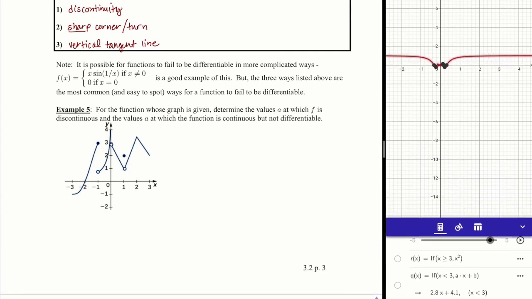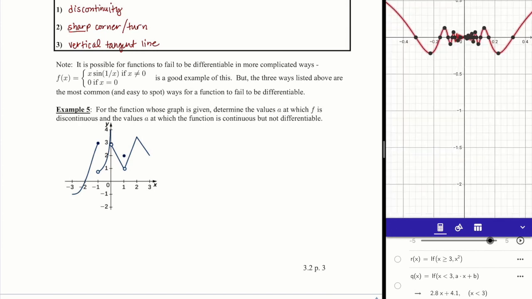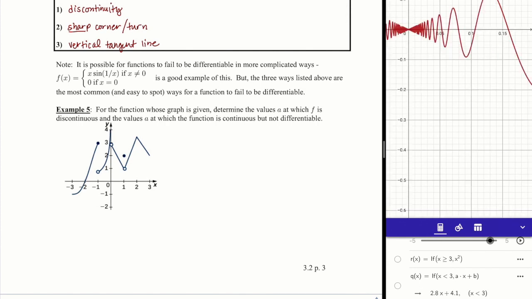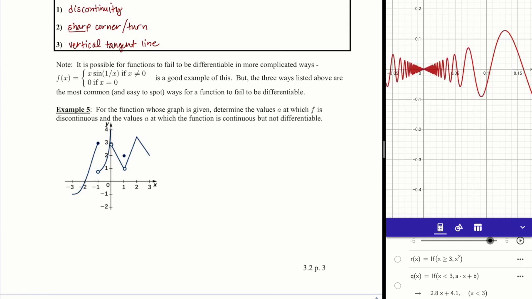If we zoom in closer to 0, we see this function just oscillates so quickly that we can't talk about the derivative there because it's just changing too quickly. So that's another thing that can happen.